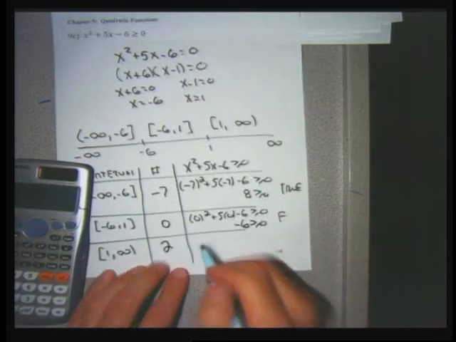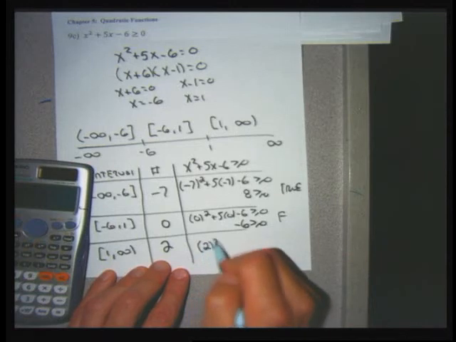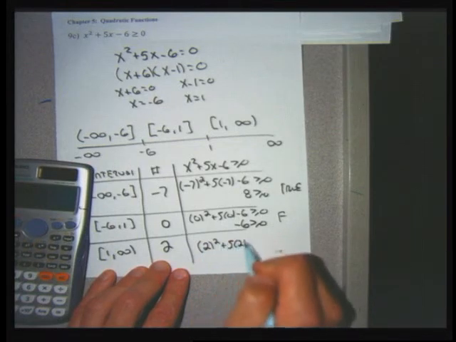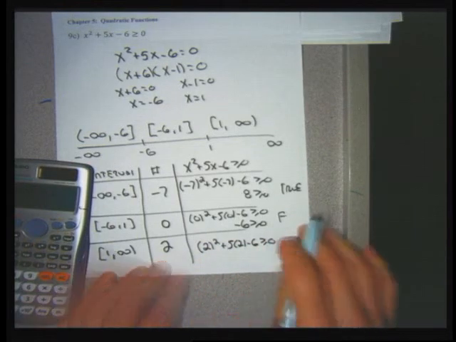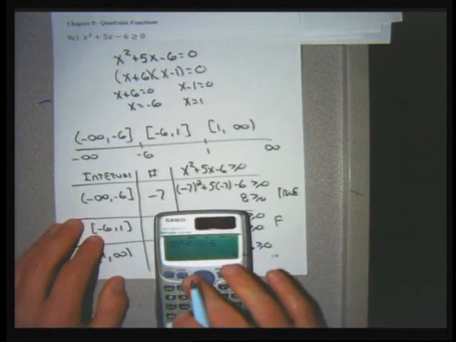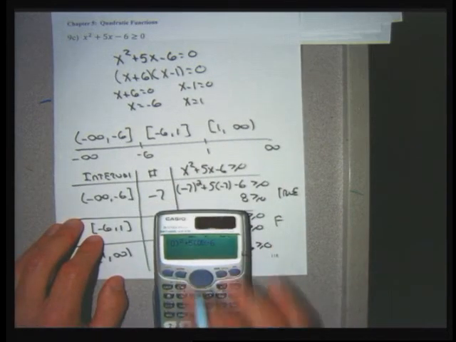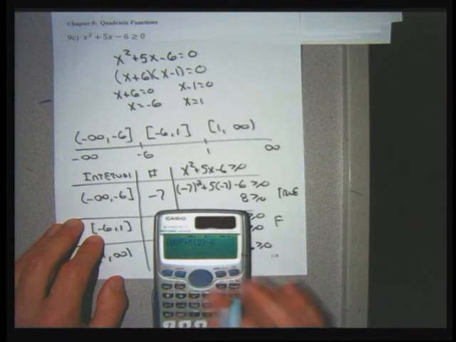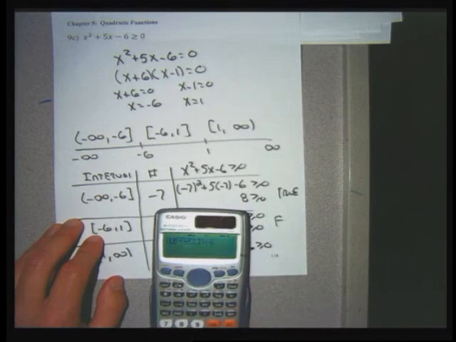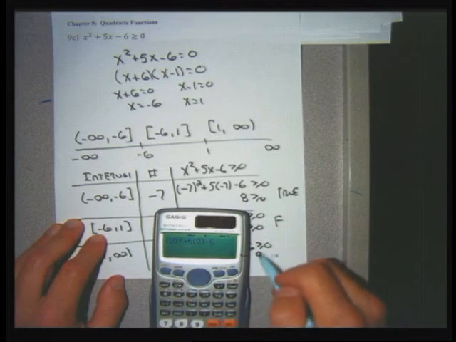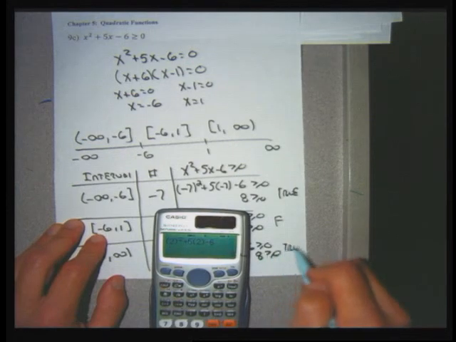And the last one, I go 2 squared plus 5 times 2 minus 6 is greater than or equal to 0. So I'm going to get to my calculator, change the zeros to 2, and I get 8 is greater than or equal to 0, which is true.